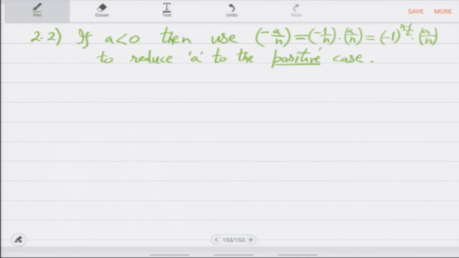If it is not odd, you can also use minus 1 by 2, which is 1, to handle the even n case.